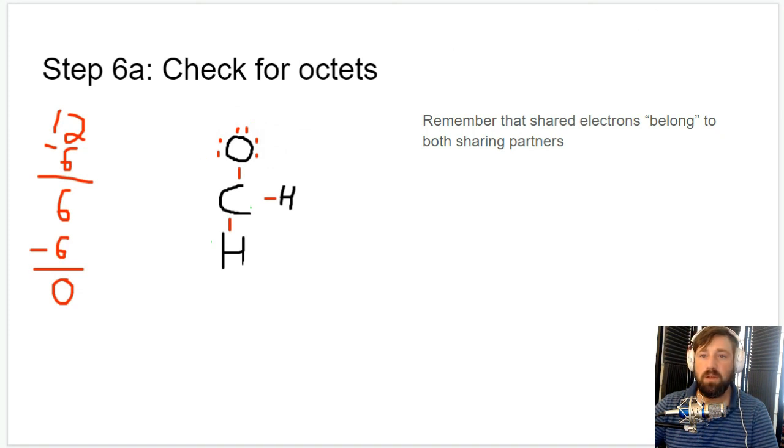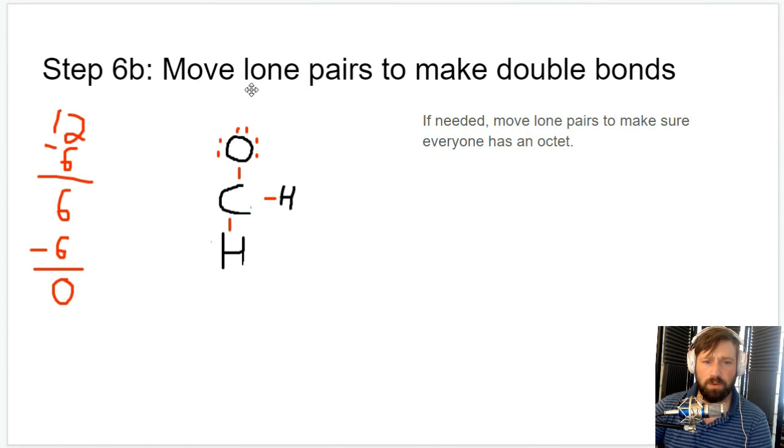But if we look at this guy, the carbon here, it has 1, 2, 3, 4, 5, 6. It's missing its octet. It does not have enough electrons around. So we know that there's something we're going to have to do for that. What we do is we move lone pairs from something that's connected to the electron deficient atom to make it have an octet by sharing a little bit more.